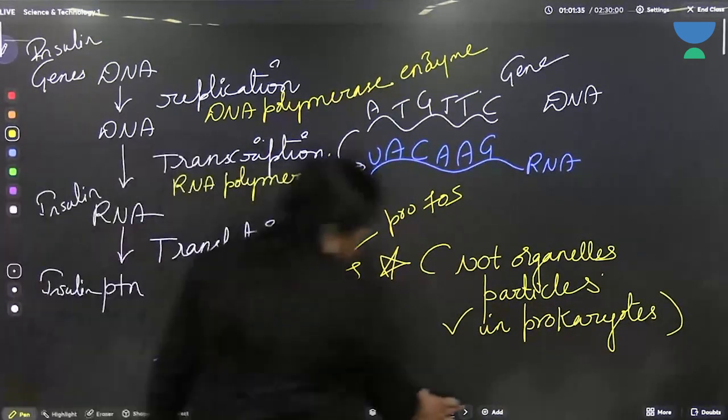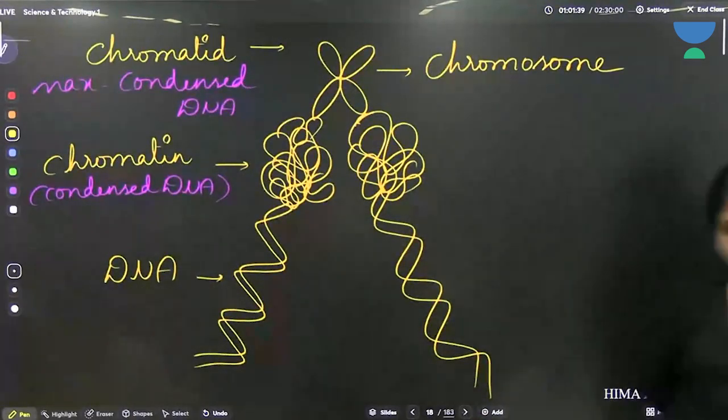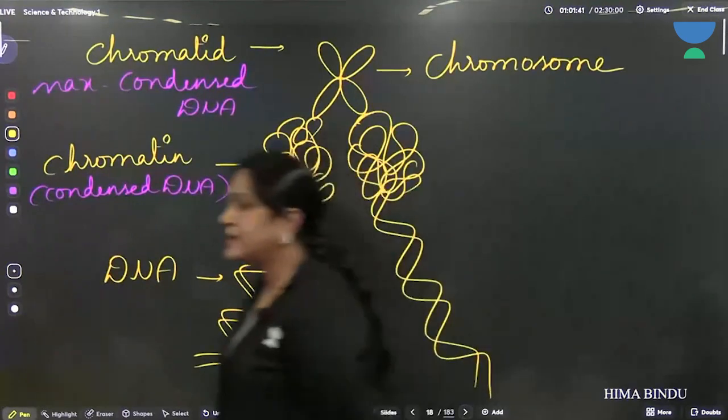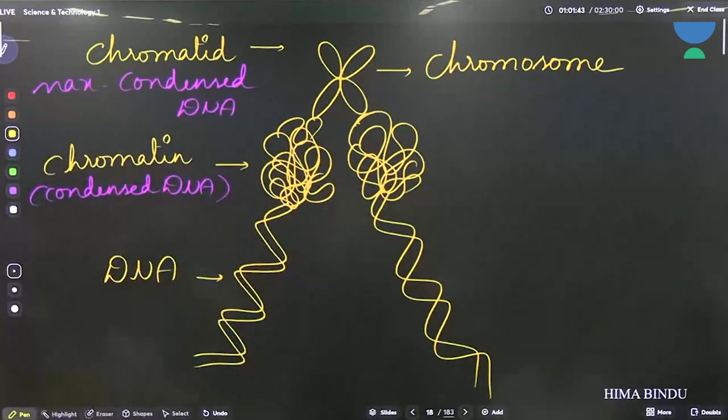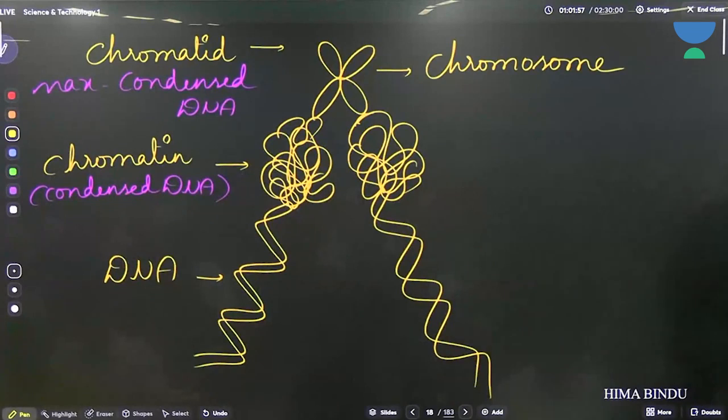So once again, name the enzyme that catalyzes DNA replication. Enzyme that catalyzes the transcription. The structure, we cannot call it an enzyme. Some particles where the protein synthesis or translation will occur: ribosomes. Do we have ribosomes in prokaryotic cell also?